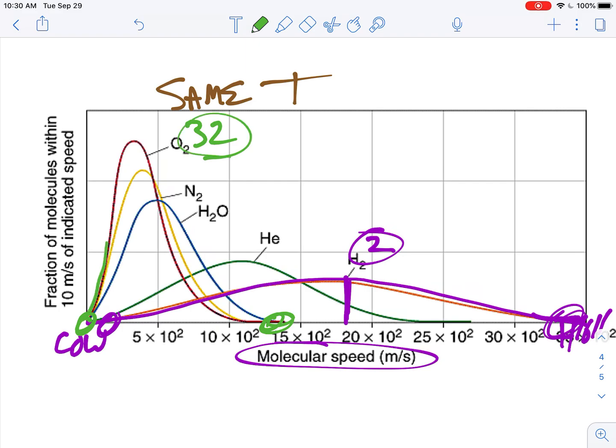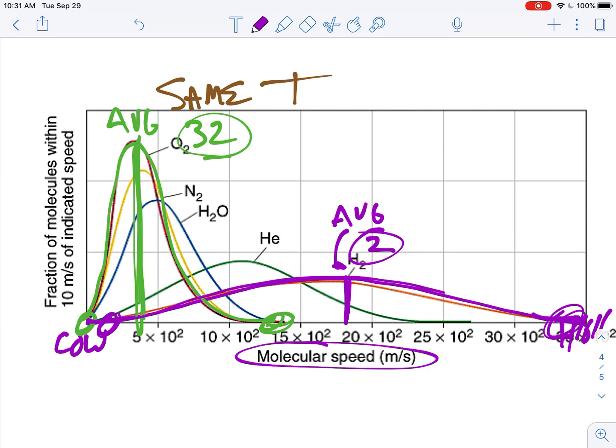And so consequently, oxygen, which has that curve, is going to have an average molecular speed of here. So here's the average molecular speed for oxygen. It's way down there. Here is the average molecular speed for hydrogen. It's way up here. And you can see that hydrogen has a much wider distribution of molecular speeds because it has so many more different speeds that it can attain.